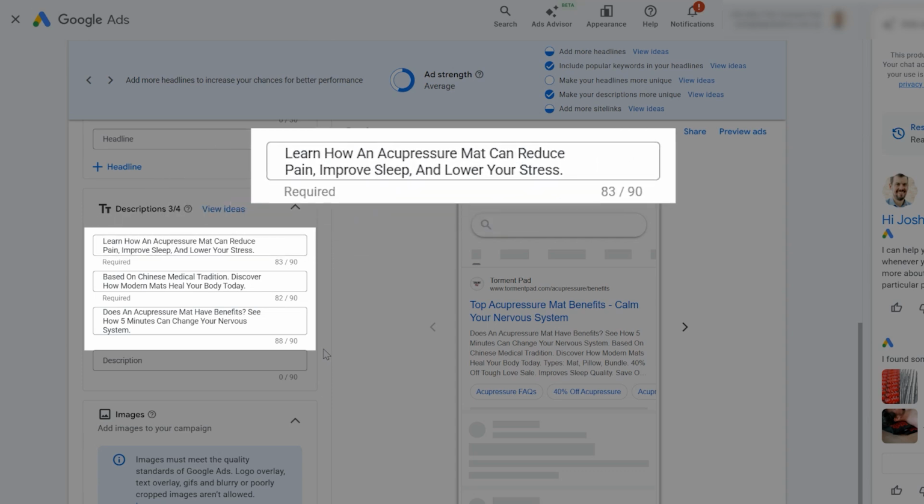An example being, learn how an acupressure mat can reduce pain, improve sleep, and lower your stress. Continue the conversation. Don't change it. This match drives high click-through rates and ultimately better quality scores to save you money on every click. And when everything lines up from keyword to advertorial, the algorithm works with you instead of fighting against you.